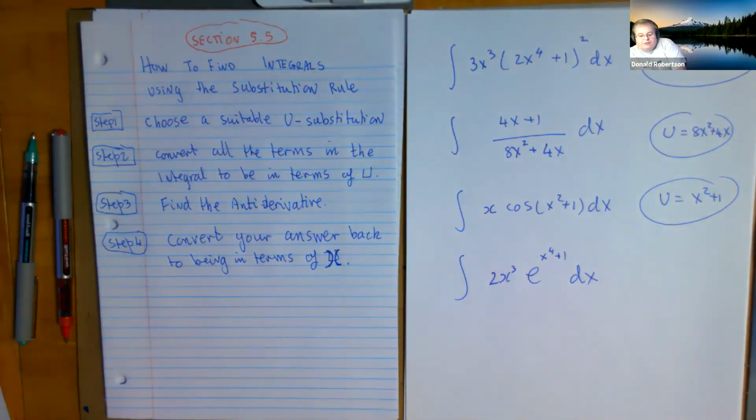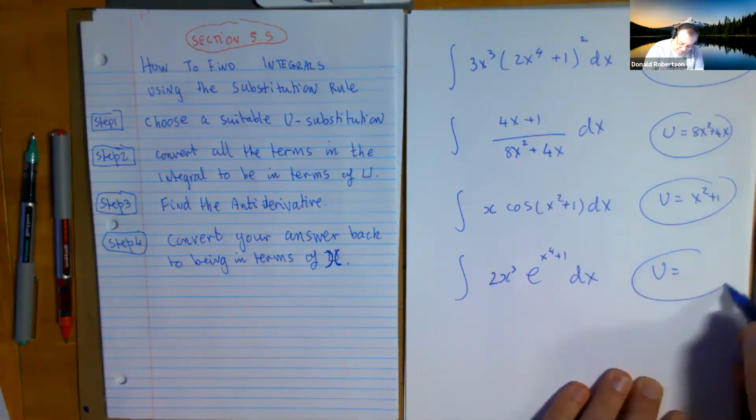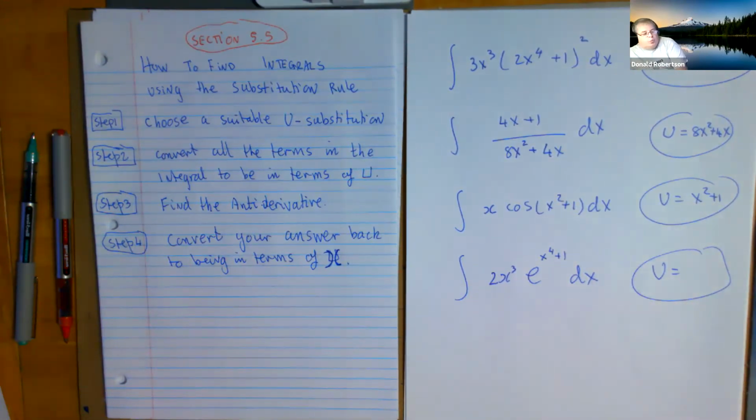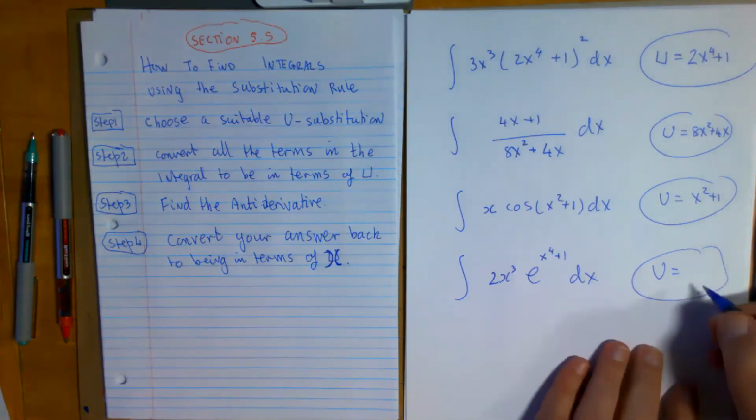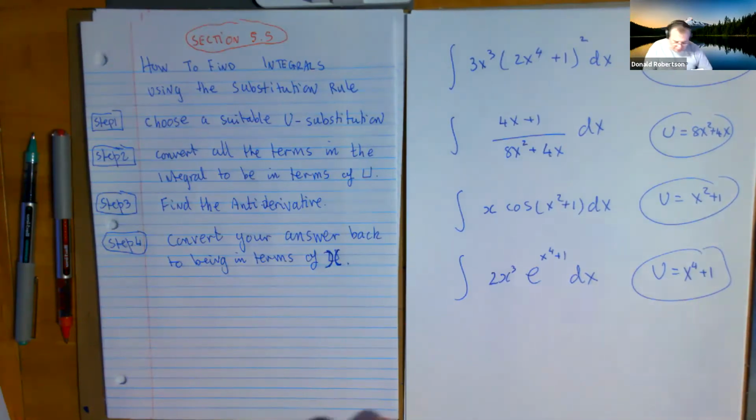Suppose you have to find the antiderivative of this ugly guy. What do you think might be a good, at least candidate for the U sub? The exponent over e. And that's a general kind of situation.